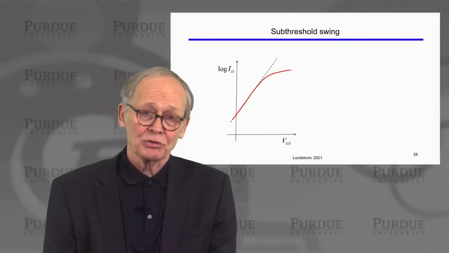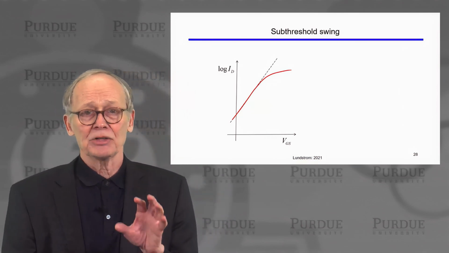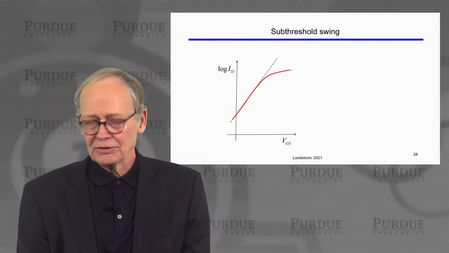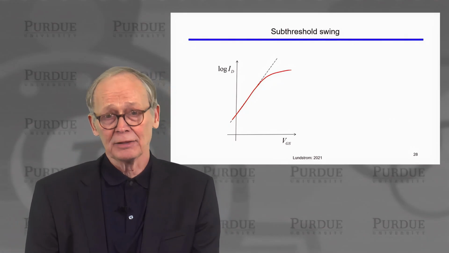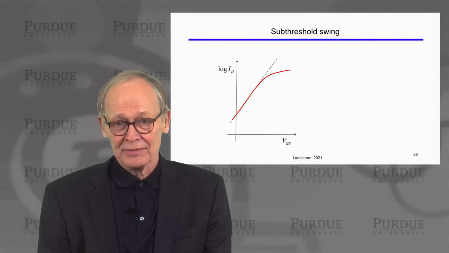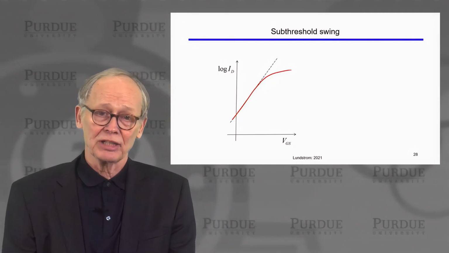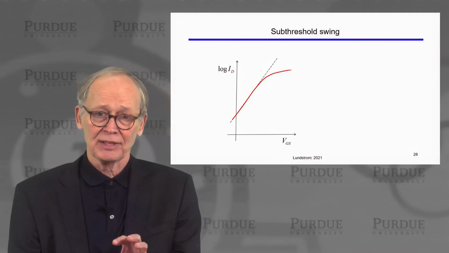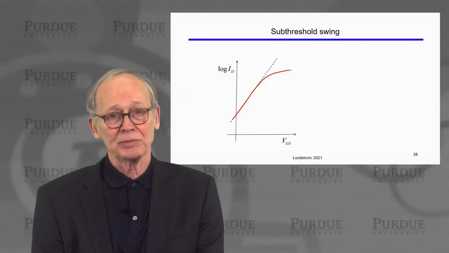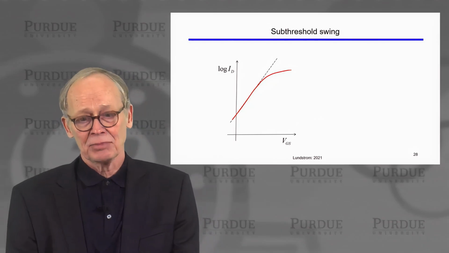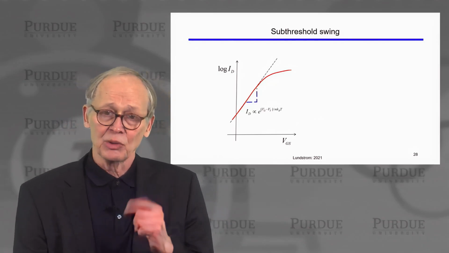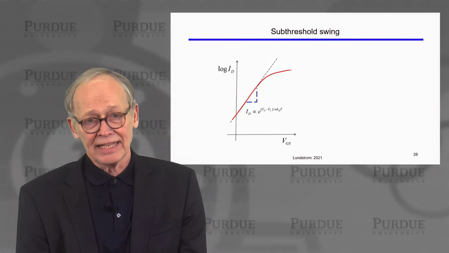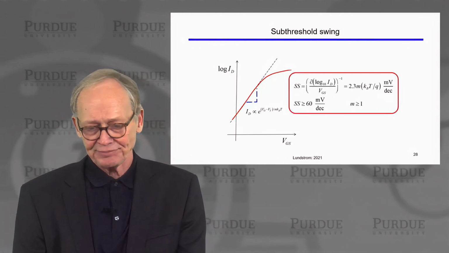Now, in this unit, we learned how to express the mobile charge as a function of gate to source voltage both below and above threshold. That means that we can compute the current both below and above threshold. Since current is charge times velocity, and we know that the charge varies exponentially with Vg minus Vt below threshold, we know that the current will as well. And we have an expression for the current as a function of gate voltage below threshold now.